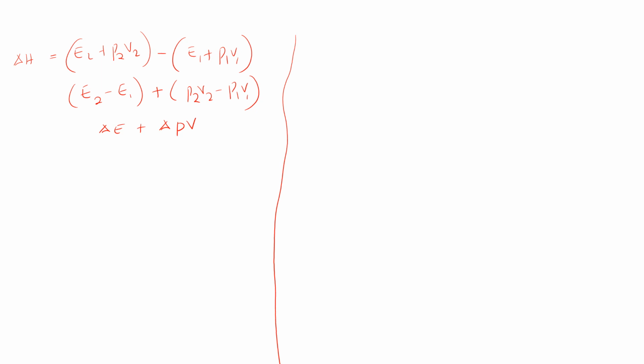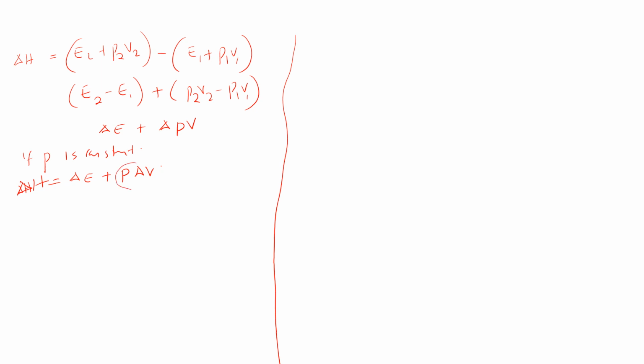So if P is constant, there will be no change in P, and so what we are having is delta E plus P, which is constant, delta V, and this is what delta H will be equal to.